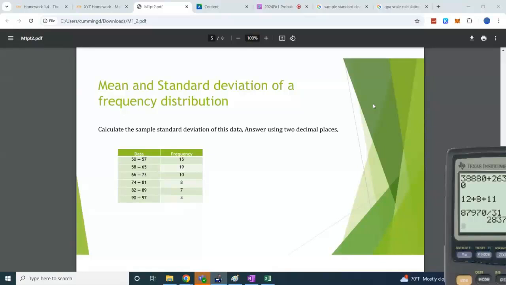Those are going to be the main things we calculate from a frequency distribution. What we have on the slide is another example of a frequency distribution. Notice we have the classes in the left column, and in the right column we have the frequency.